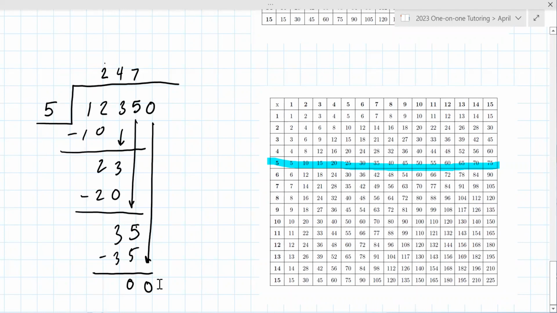How many times does 5 go into 0? Isn't 5 bigger than 0? Yeah. So it's kind of like asking how many times is 5 going into 1? We put a 0 here. How many times is 5 going into 0? It's 0.